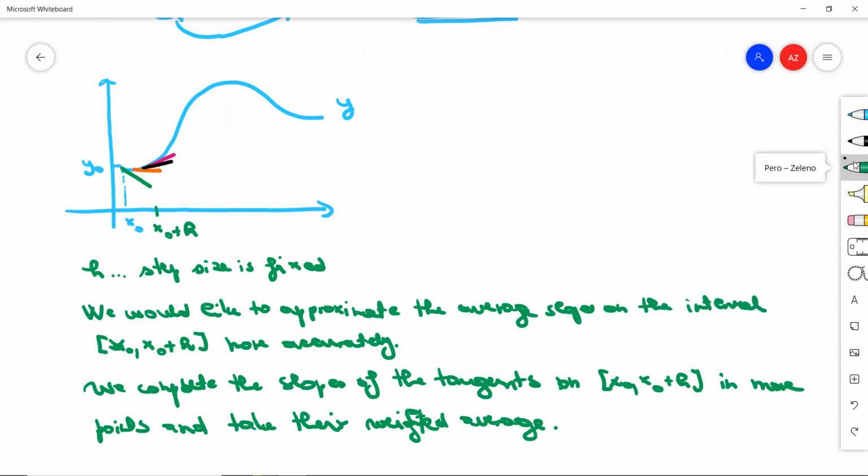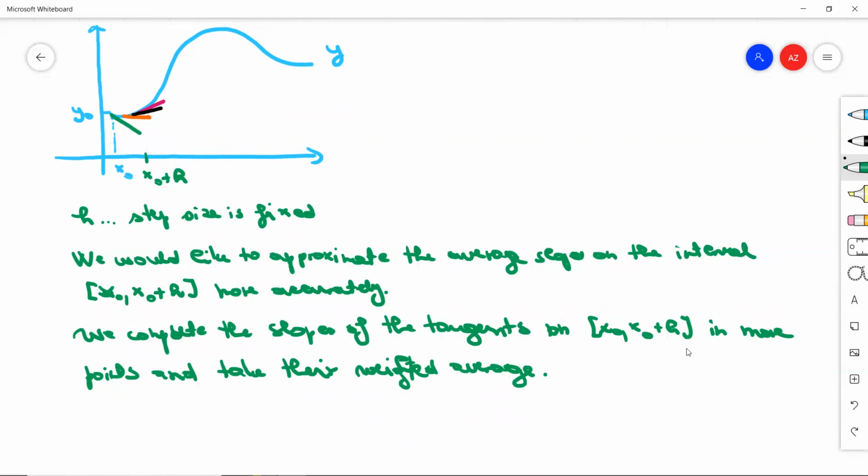It doesn't mean that all the weights are the same. So we can say that this green is more important than orange, is more important than black, is less important than violet, and so on. So we are the ones who determine the weight of each of the tangents.